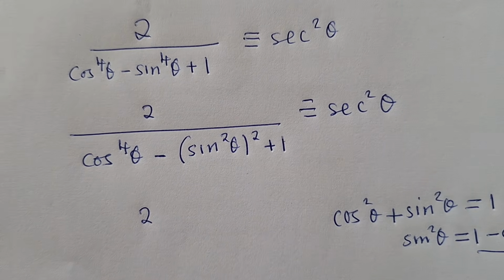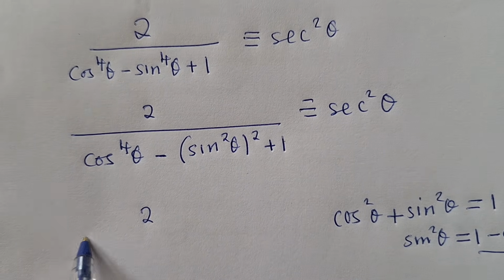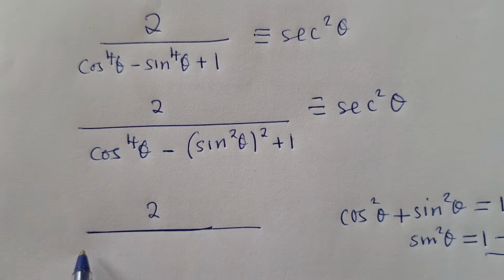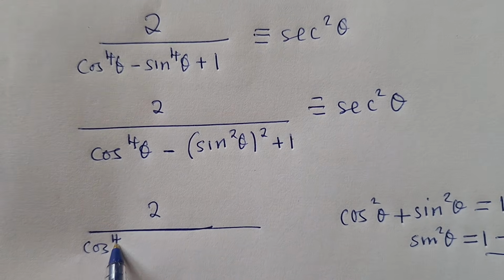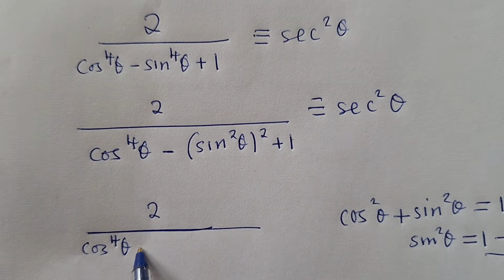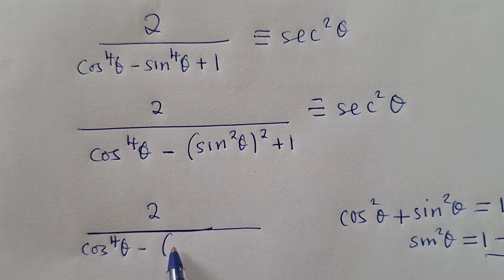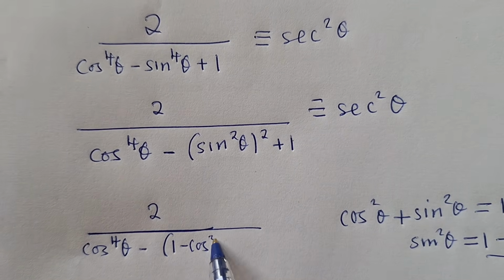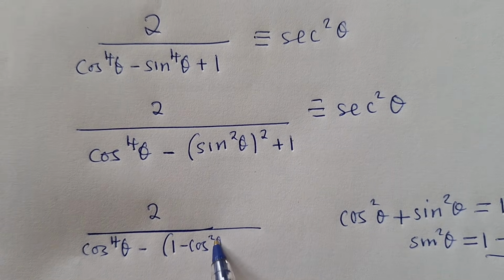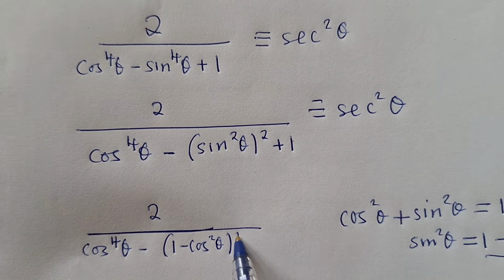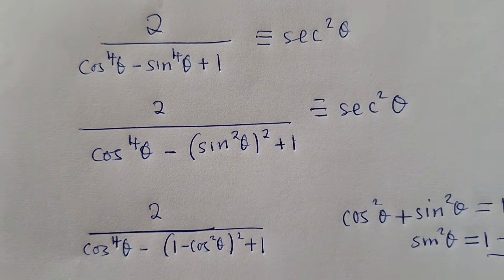It will be 2 over cos power 4 theta minus, open bracket, 1 minus cos squared theta, power 2, plus 1, okay.